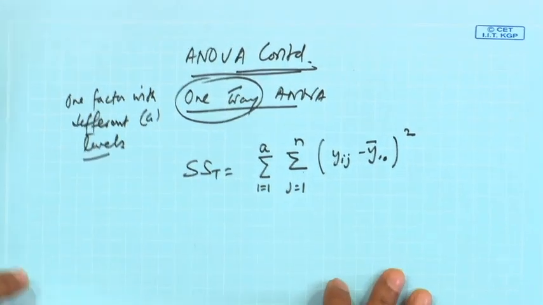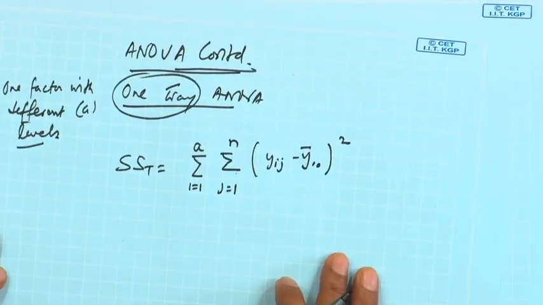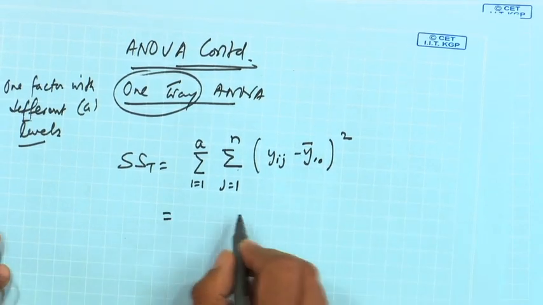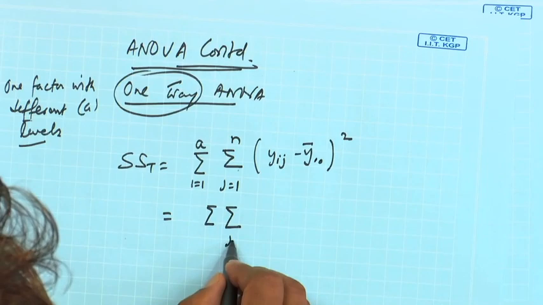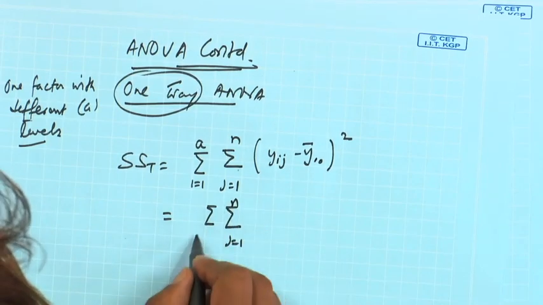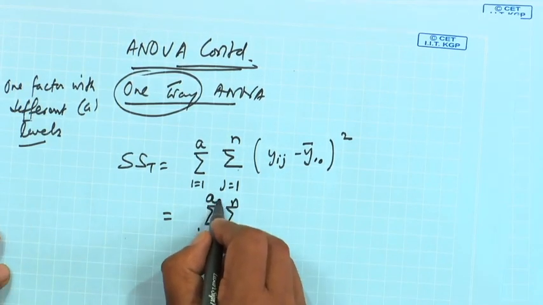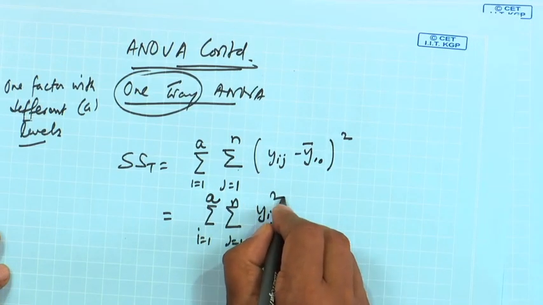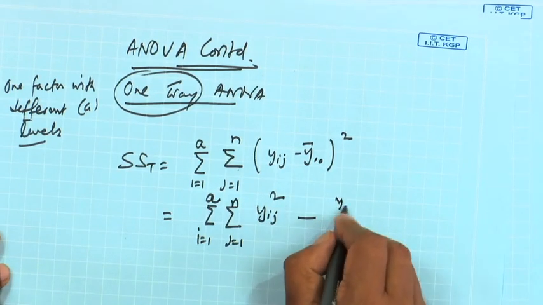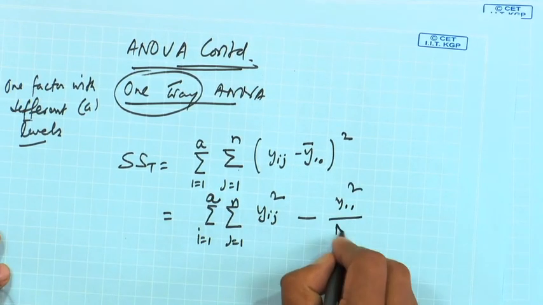This is what we have given. Now, this can be simplified to the sum over j equal to 1 to n, i equal to 1 to a, Yij square minus y dot dot square divided by N.